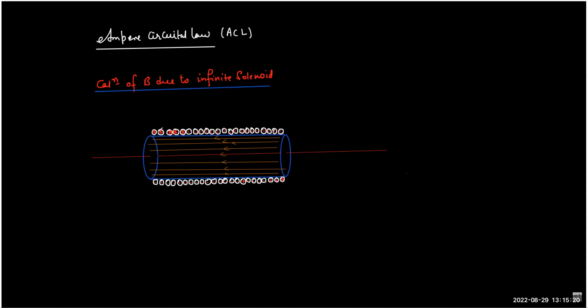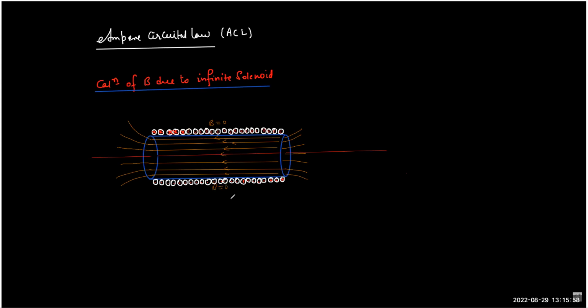But as you go outside, the field will have curvature, so it will go like this, and some of the field will be like this also. We'll not show that part. Now what we need to realize is that the field just outside the surface is always zero. So the B here is always zero. I'm saying just outside, not far away.